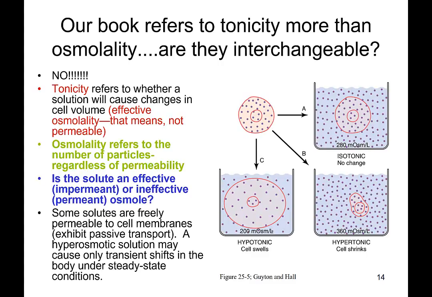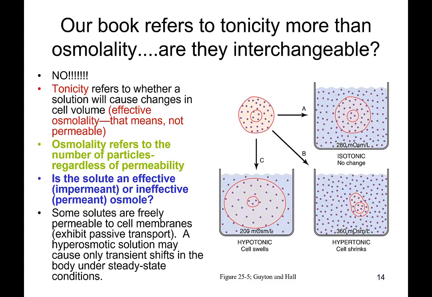If I say a cell is put in a hypotonic solution, you can see here for letter C, that means the solution has a lower concentration compared to inside the cell, and those solutes are impermeable. That means the water will shift into the cells, where there's a higher solute concentration, and the cell will swell.